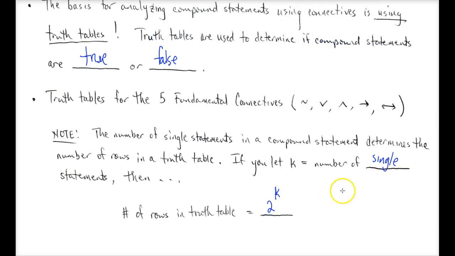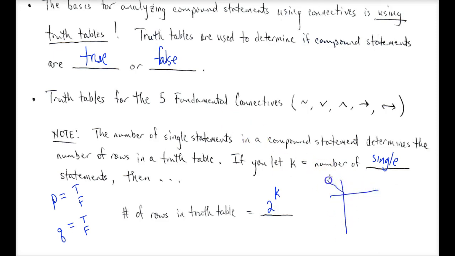So for instance, I'll just make one up right here. Let's say we have P and Q. So these are 2 statements. We know that P can either be true or false, and we know that Q can either be true or false.